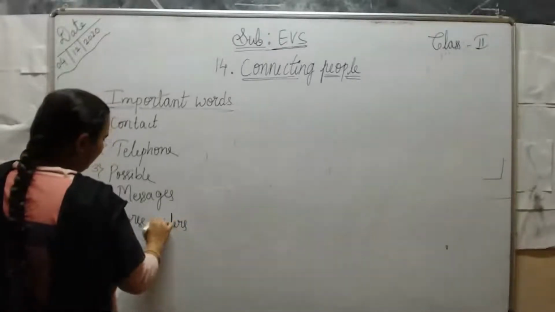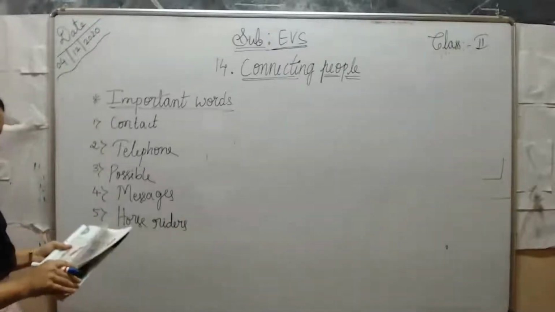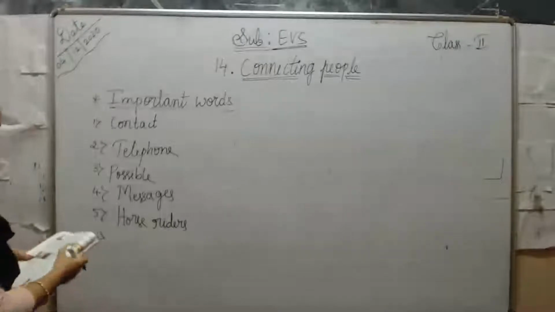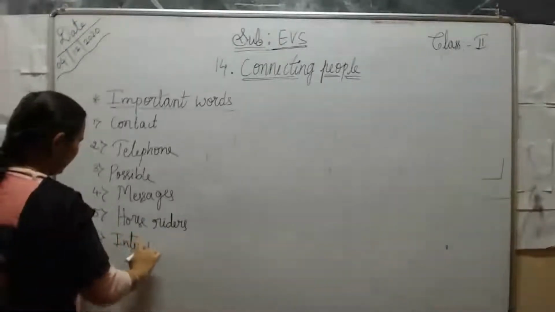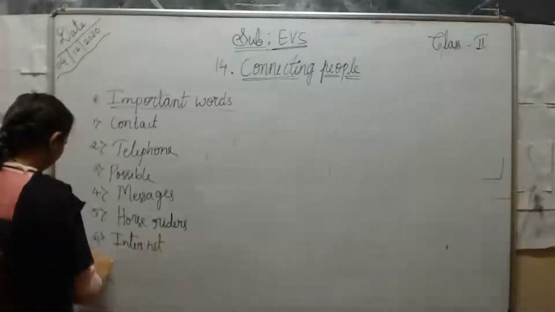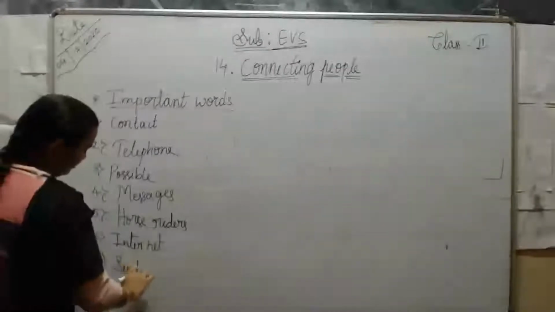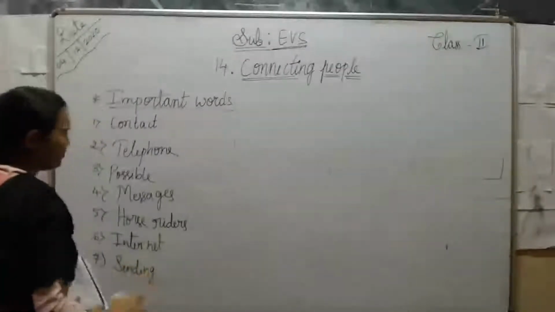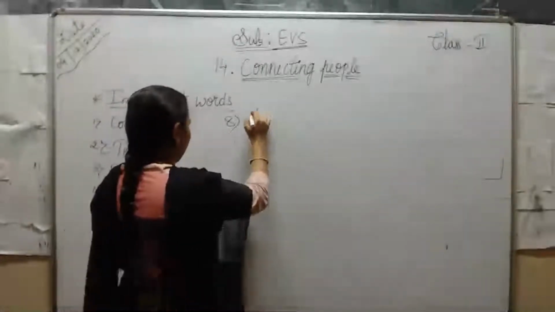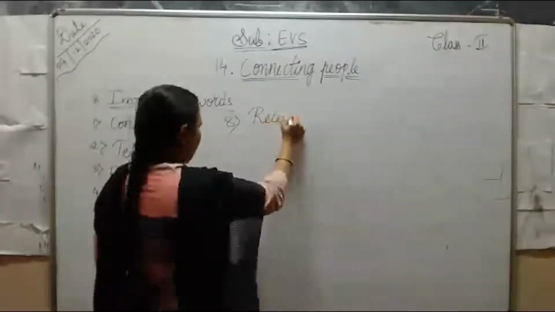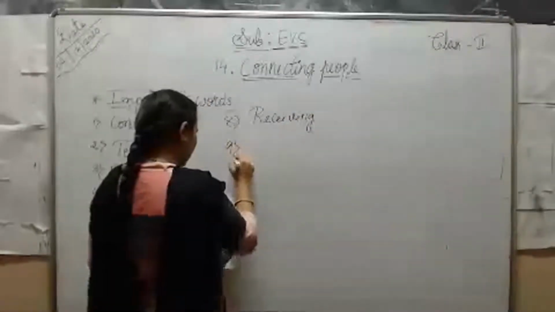Next, the sixth one, internet. Seventh one is sending. Receiving.